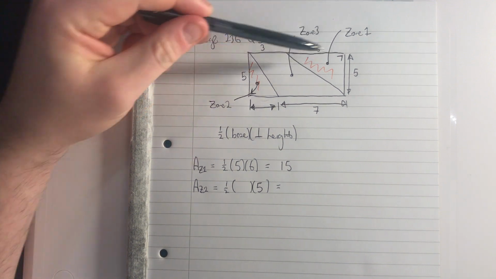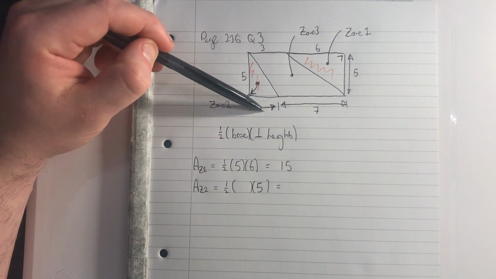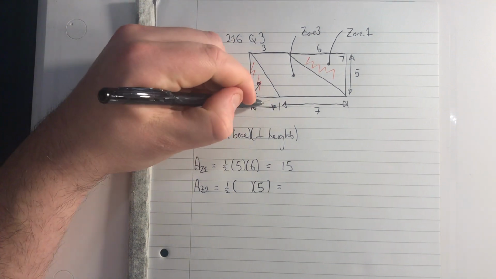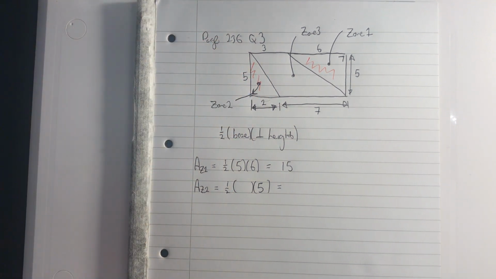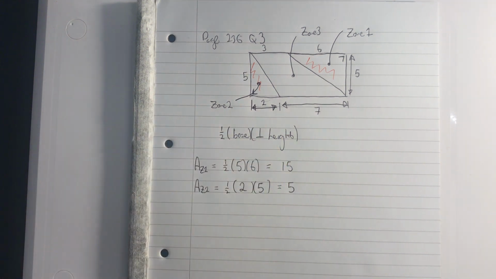And if it's 7 from here to here, what's left that we have to put in there? Yeah, it must be 2, right? So therefore we have a 2 as the base of the zone 2 triangle, and that gives us 5.